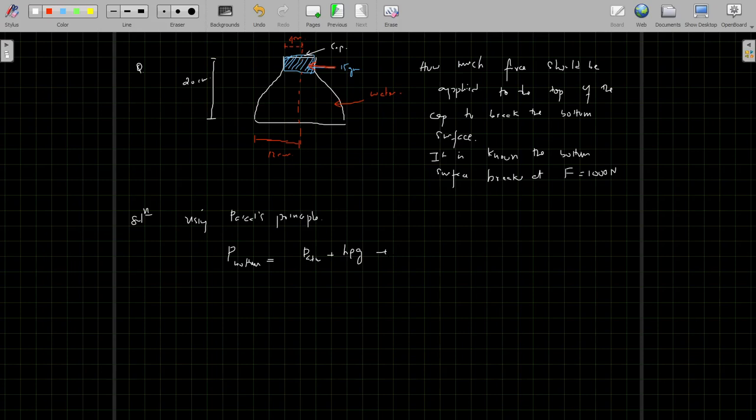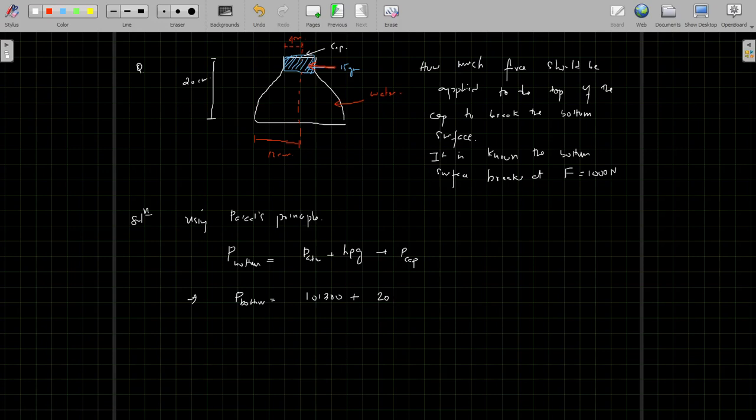When you are tightening the cap, it is also putting some pressure on the water. So that means there is a pressure of the cap. Therefore we can write pressure at the bottom will be 101,300 plus H is 20 centimeter.